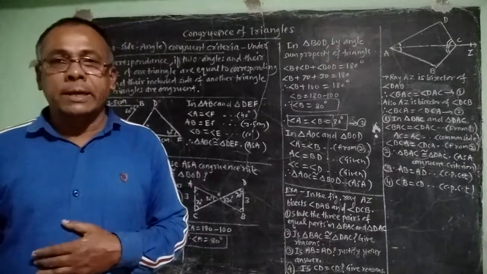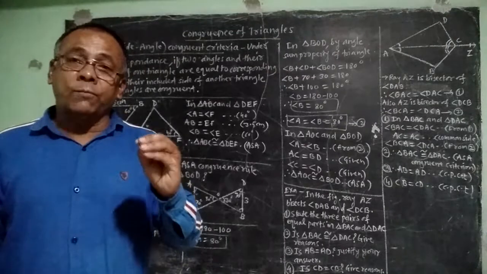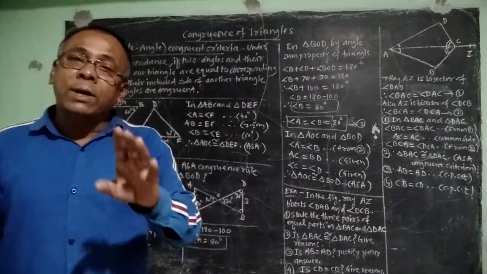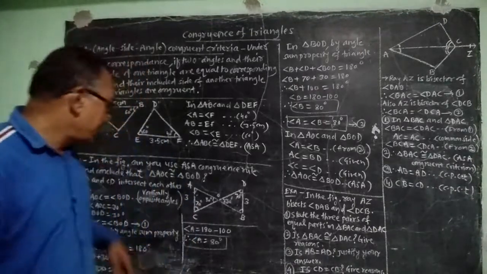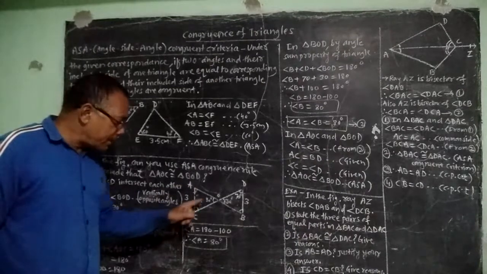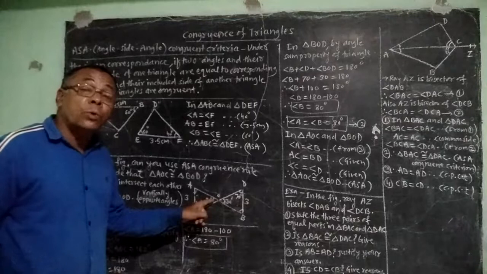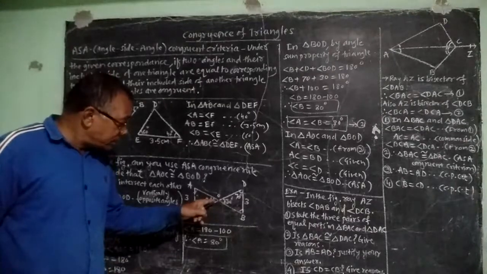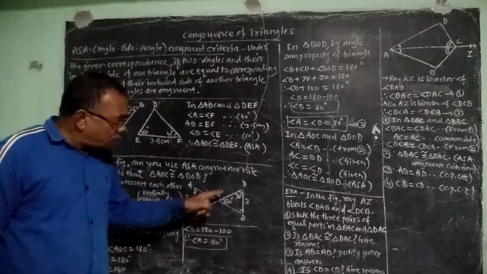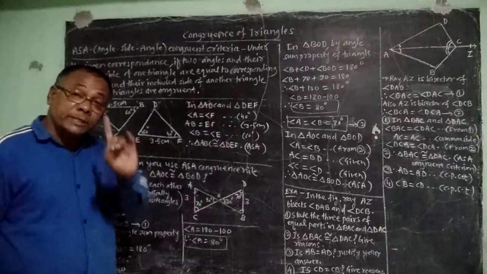The sum of all three angles of a triangle is always 180 degrees. Meaning angle A plus angle C plus angle O. But we can't denote this angle by only one letter, because angle AOC is also O and angle BOD is also O, and we must know the specific angle.